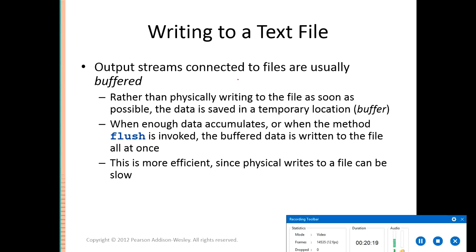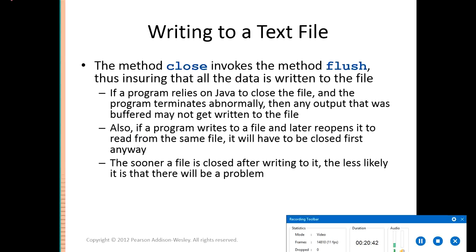So rather than physically writing to a file, data is stored in a temporary location of memory called a buffer. When enough data accumulates in the buffer, the method flush is invoked and the buffer data is written to the file as a block all at once. This is more efficient since physical writes to a file can be slow.